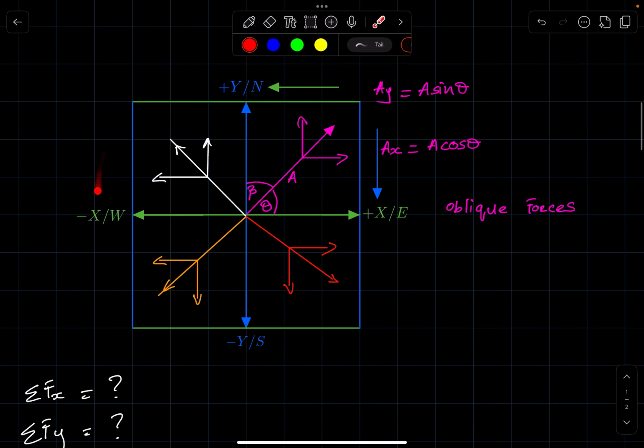Now, we are going to be using the XY plane, so we only consider forces that we can see from this perspective. Those are forces that are parallel with the x-axis and parallel with the y-axis, and also forces that are oblique, which we resolve into components parallel with the y-axis and the x-axis.